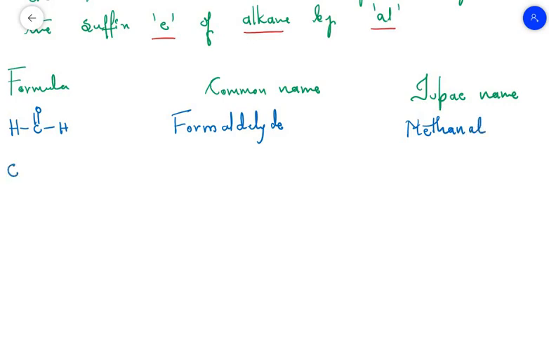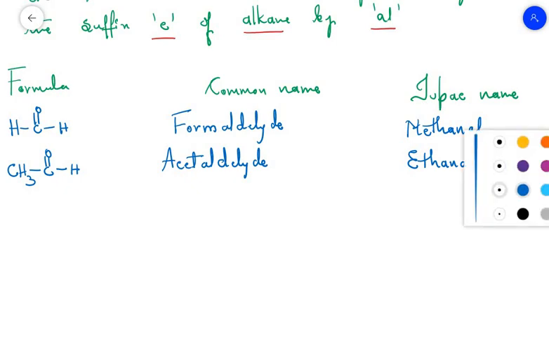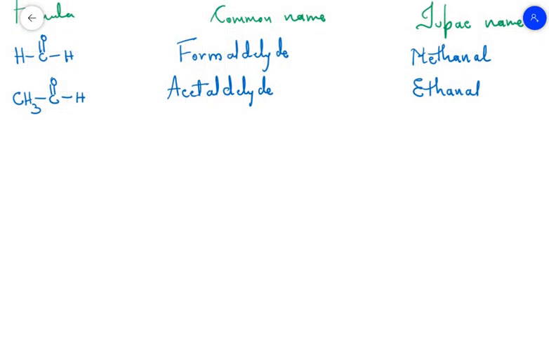Second example, CH3 C double bond OH. There are two carbon atoms. The common name of this compound is acetaldehyde. And the IUPAC name: for two carbon atoms the root word is eth, and we have the suffix Al in place of E. Third example, CH3 CH2 C double bond OH.